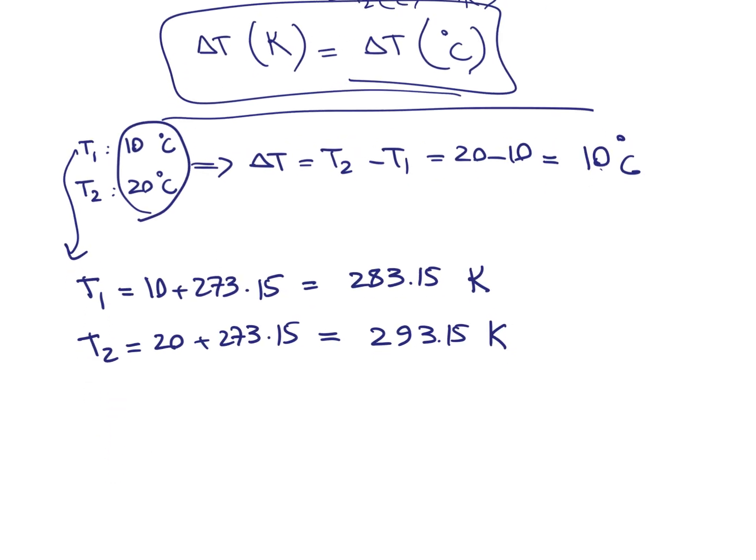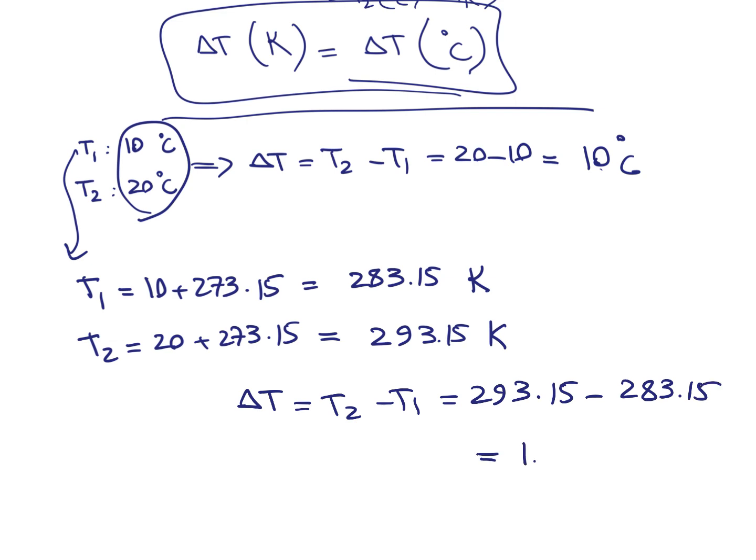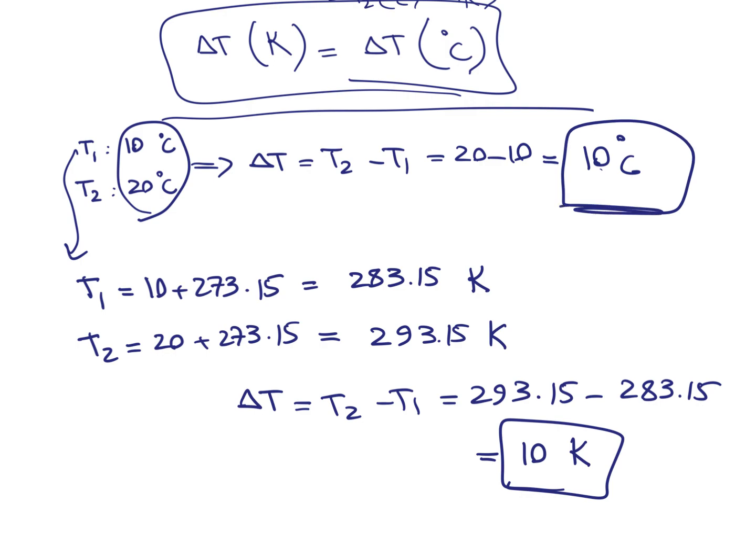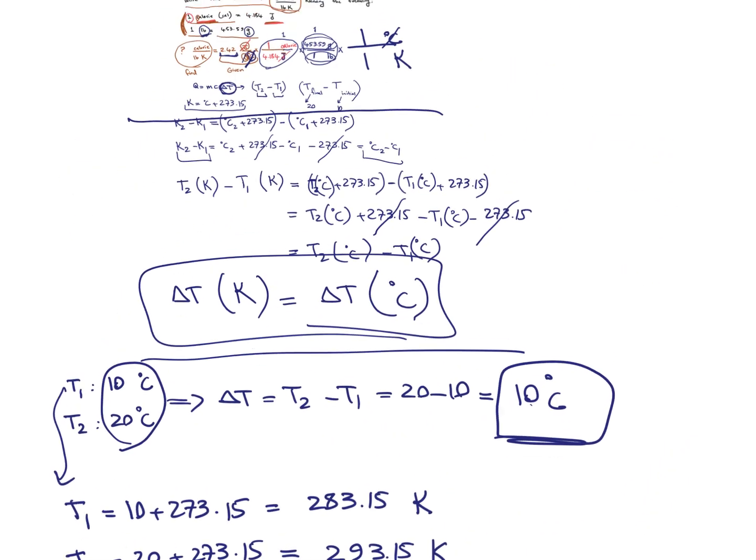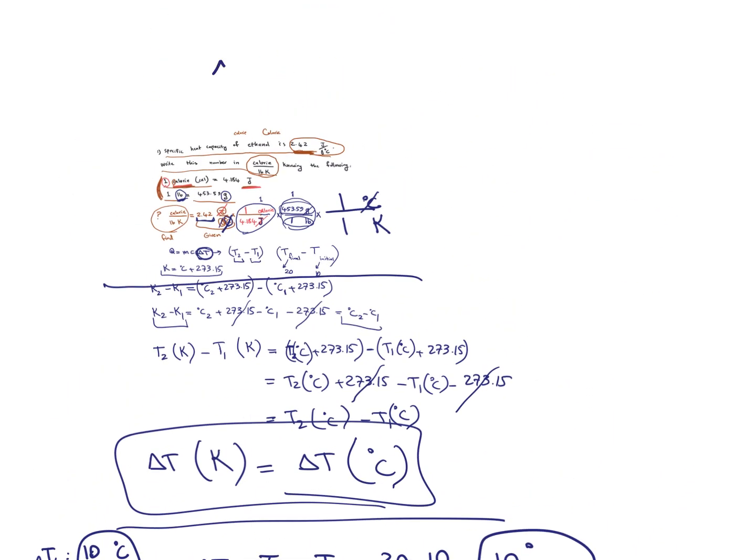Now let's calculate the temperature difference in Kelvin. T2 minus T1, 293.15 minus 283.15 equals 10 Kelvin. You see, in both cases you have the same number. That's why temperature difference in degrees Celsius equals temperature difference in Kelvin.